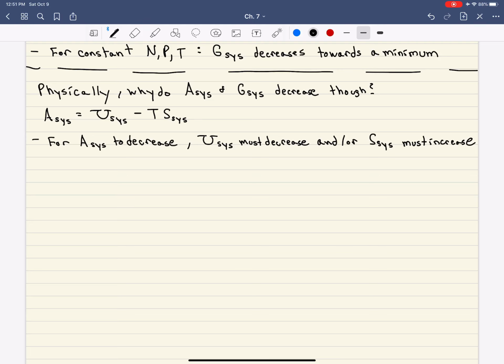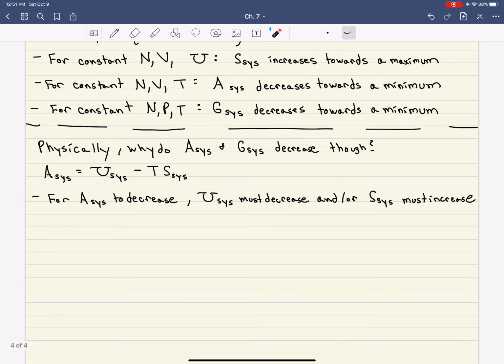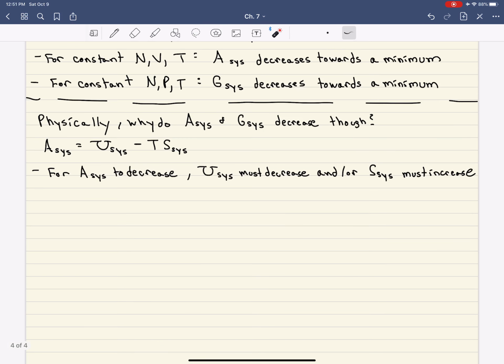And remember, we're looking at constant NVT systems, so the temperature would be constant. So that's why I'm saying it's either this decreases or this increases.